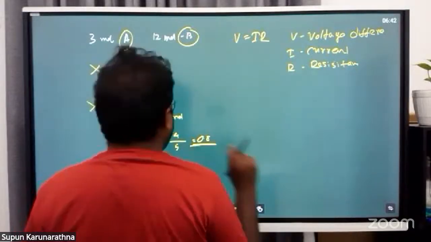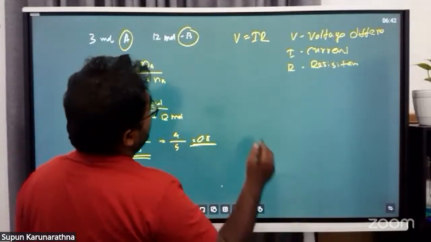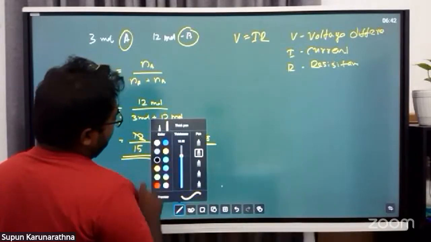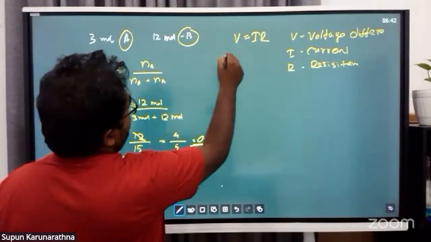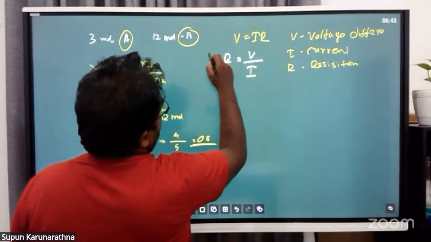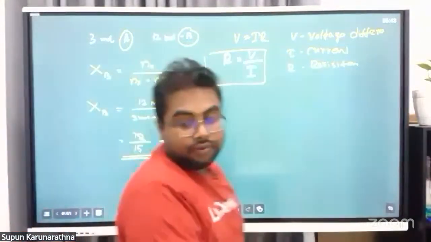Then V equals IR, so we can make R the subject. R equals V divided by I.